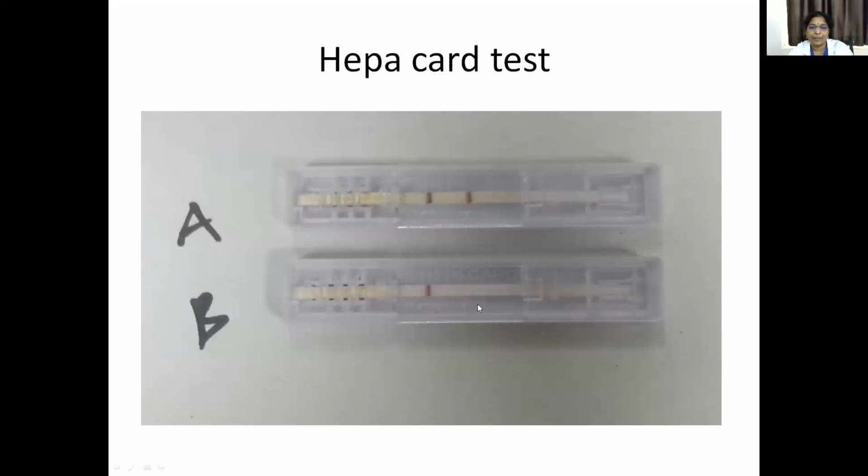So sample B is negative for hepatitis B. So this is the test done for hepatitis B in the laboratory, which is a rapid test. What test is done for hepatitis B? It is called the HEPA card test, which is a rapid test, and it is based on lateral flow immunoassay.